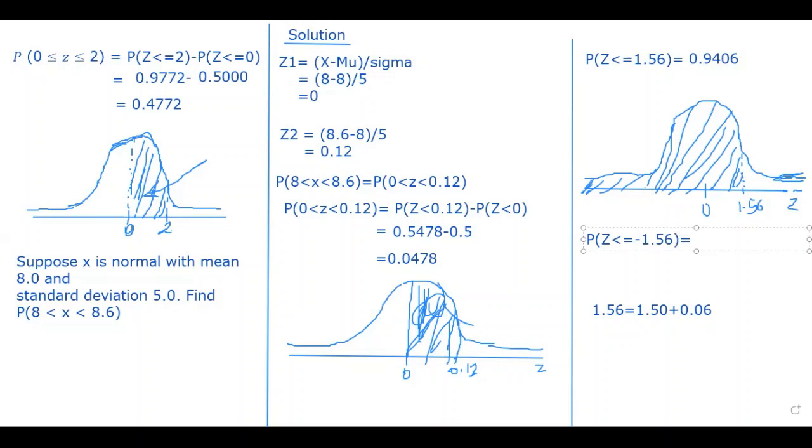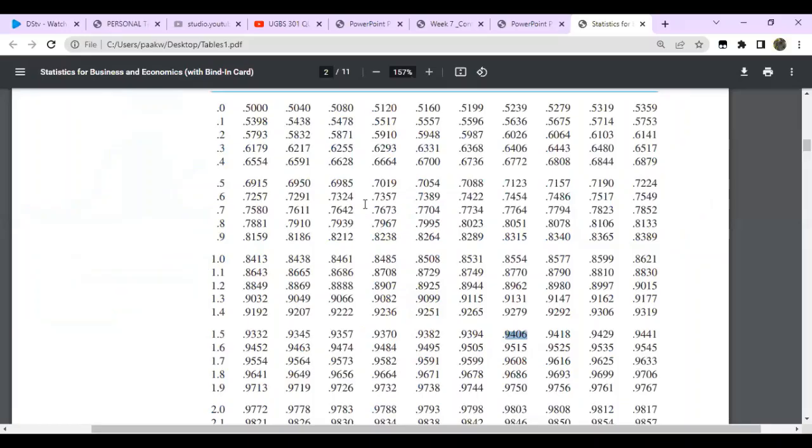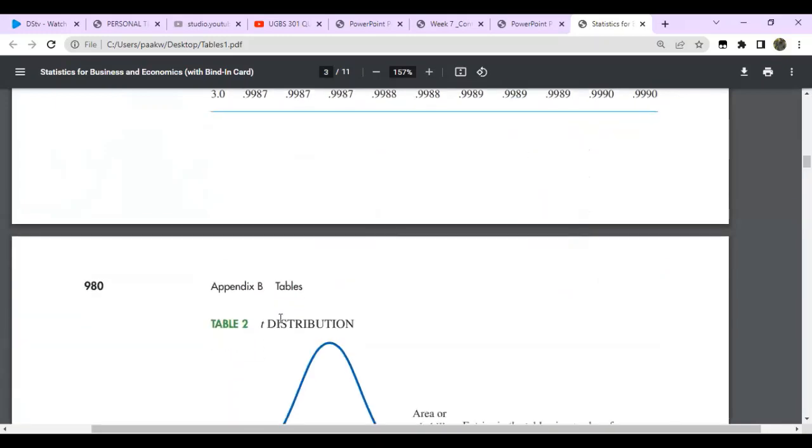Who can tell me the probability on the table? I think it's the same, or this one is negative. Negative 1.56.